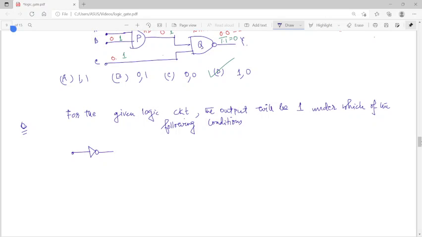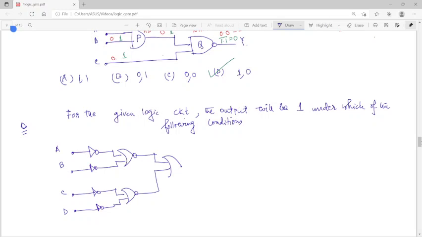This is a NOT gate, this is also a NOT gate. This is A, this is B, this is C, and this is D, and this is the output.